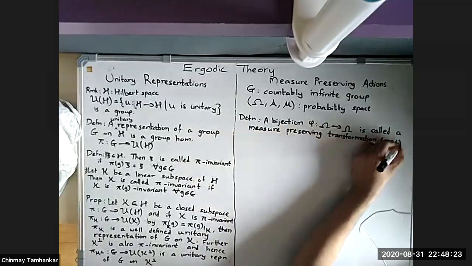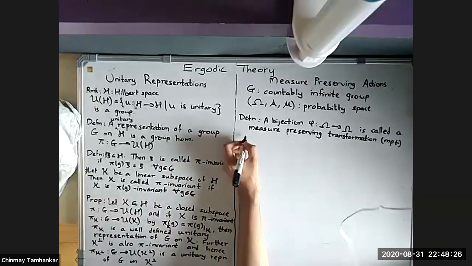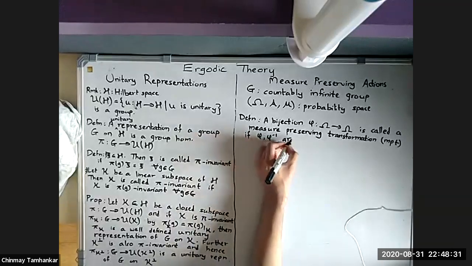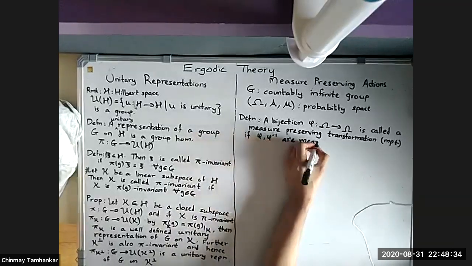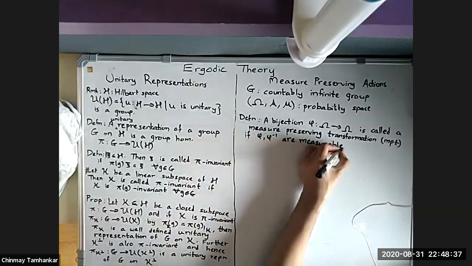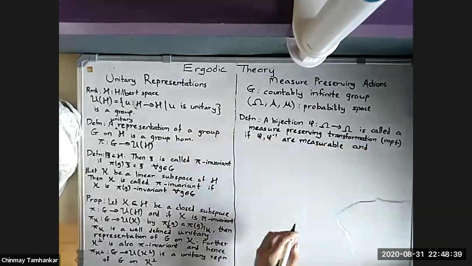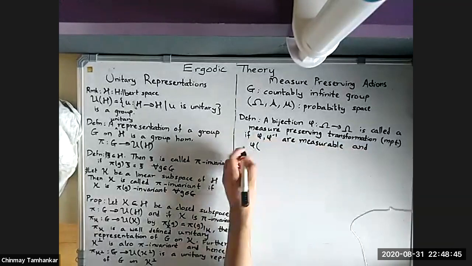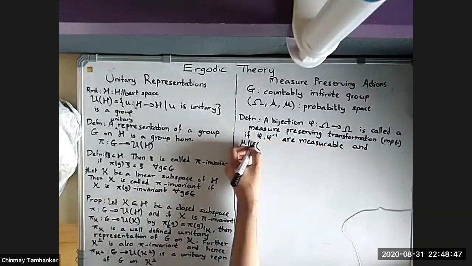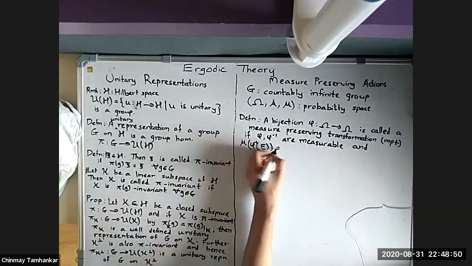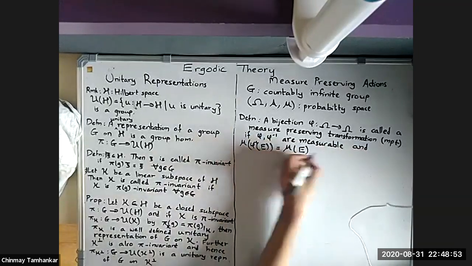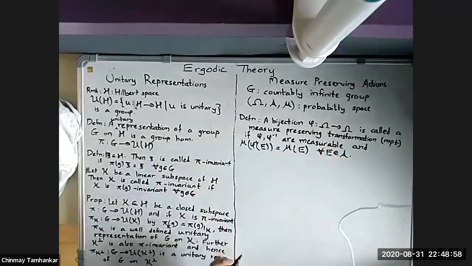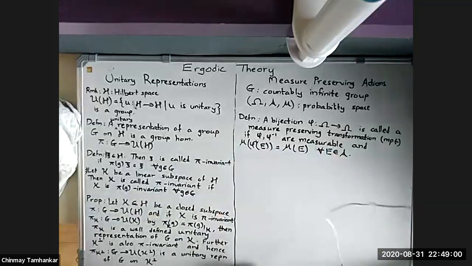We'll call it MPT for short, if both phi and phi inverse are measurable, and mu of phi inverse E is just the measure of E for any measurable E. This is the definition of a measure preserving transformation.